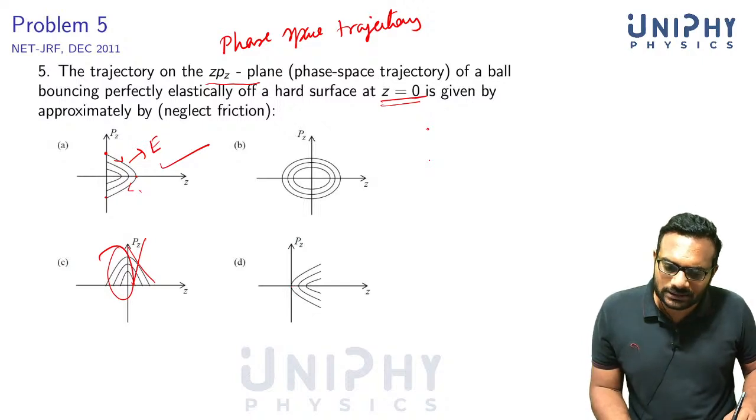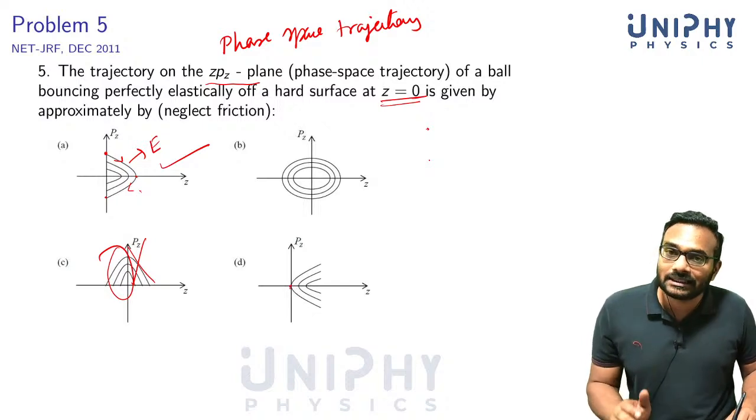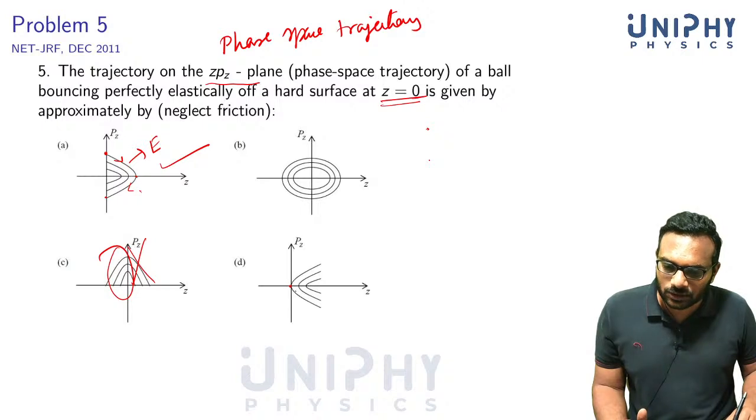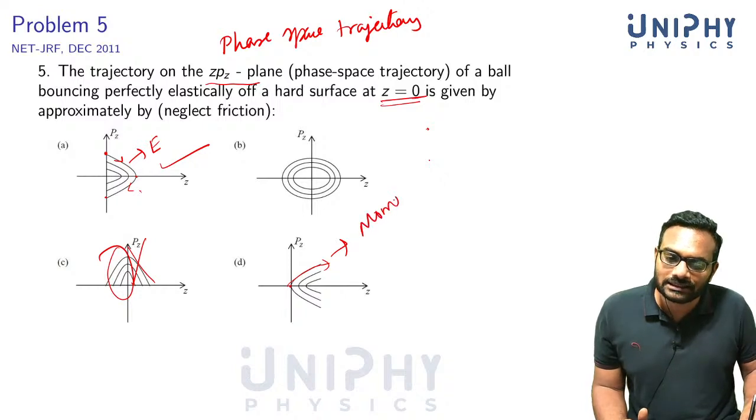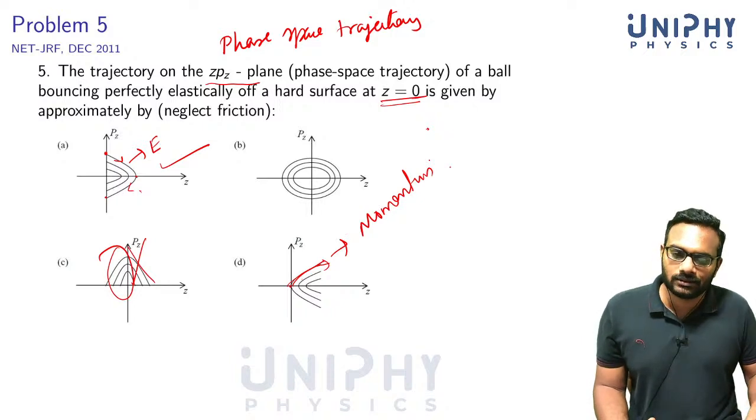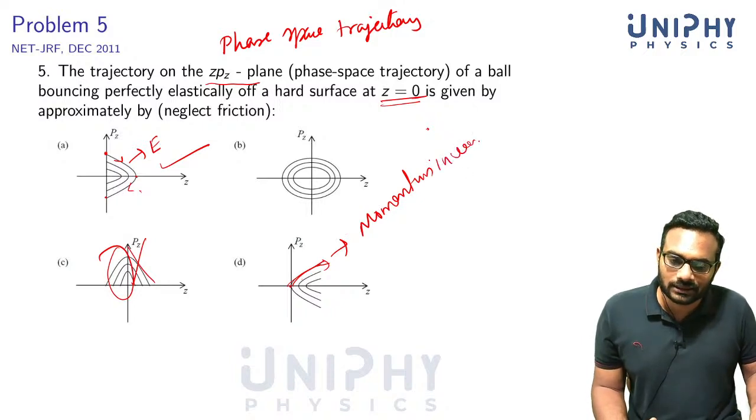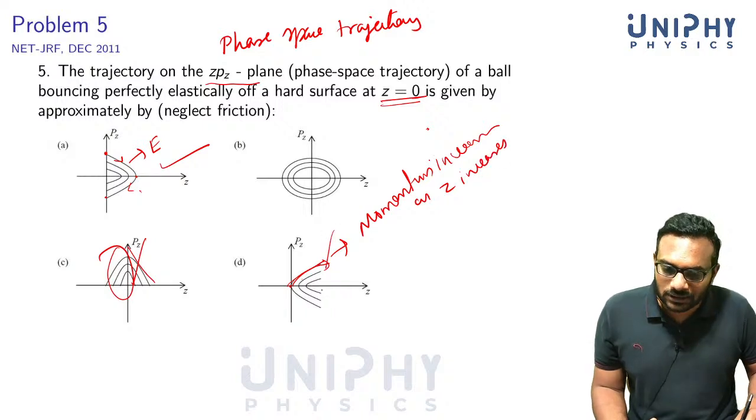Here, momentum starts at 0, and as z increases, momentum increases. So this diagram corresponds to momentum increasing as z increases. This is not our situation. So the most suitable answer is this.